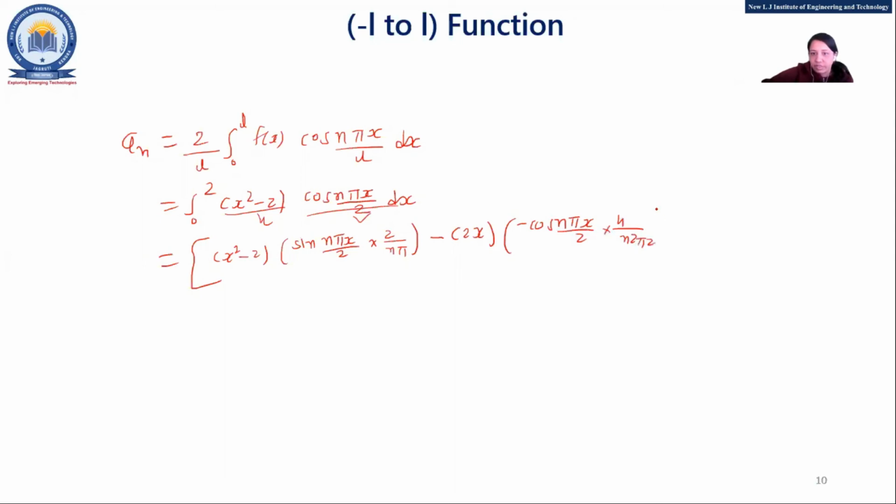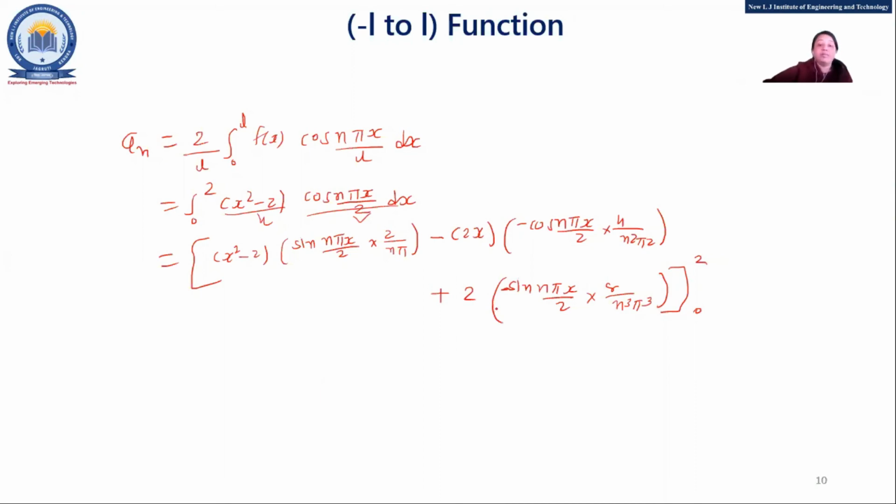Still the third term will be there, plus 2, into, this is cos again, so sine n pi x divided by 2 into, this is minus, right? The minus sign is as it is, 8 upon n cube pi cube. In the last lecture, many had problems in this, so I think it should be clear now, 0 to 2.